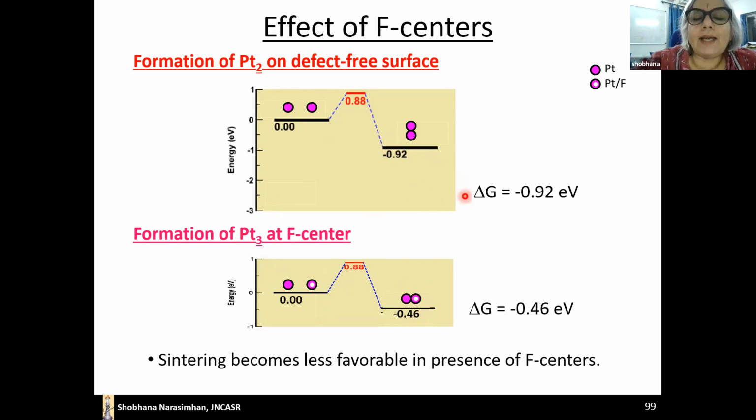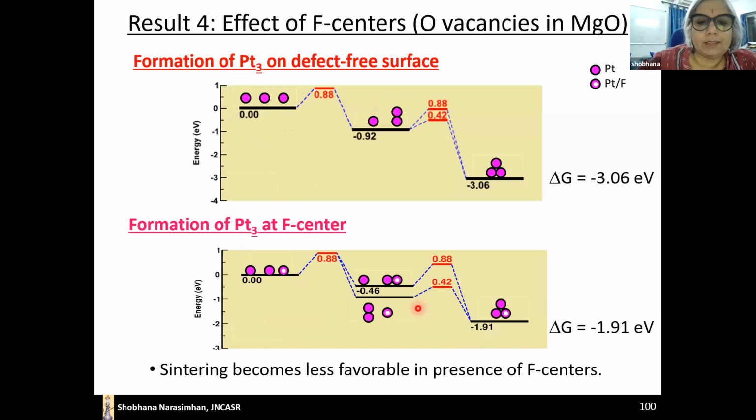And if we look at the change in free energy that occurs due to sintering, you see that the change in free energy is much less when you have F centers. Here, an atom with a white circle indicates that it is sitting on an F center. And so the sintering becomes less favorable in the presence of F centers. Similarly, now for a larger cluster size.